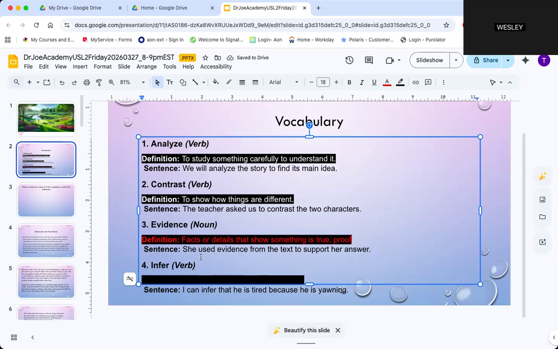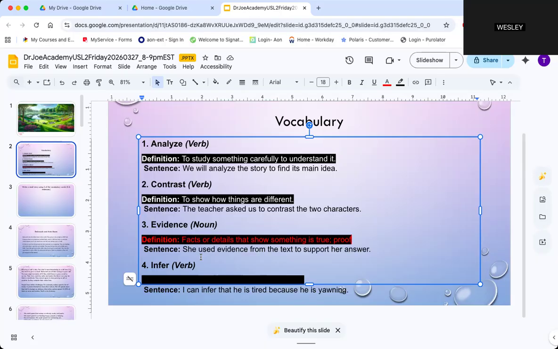Okay, and next one. Infer. I can infer that he is tired because he is yawning. What do you think that one means? Infer.